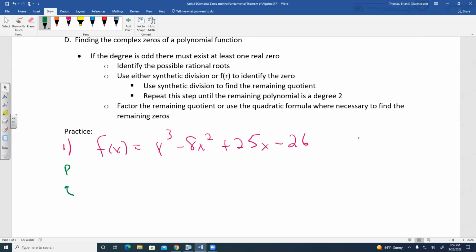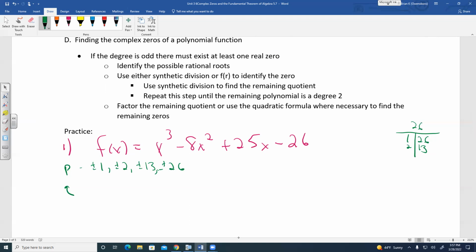So for 26, if we use big T, we have 1 and 26, 2 and 13, and then it would be back to 13 and 2. So that would be our 4 different factors. So plus or minus 1, plus or minus 2, plus or minus 13, plus or minus 26. Those are our possible P's.